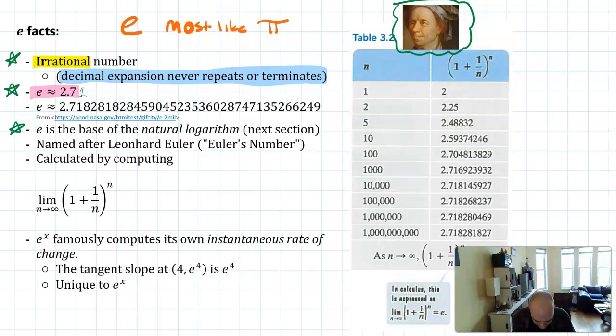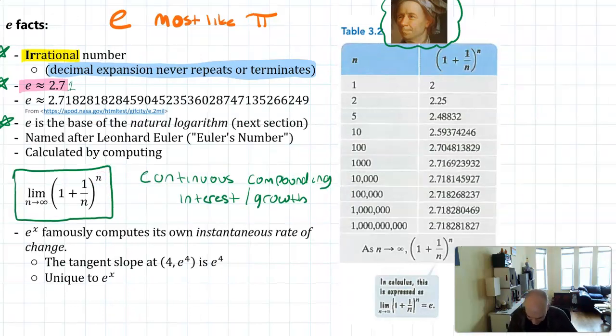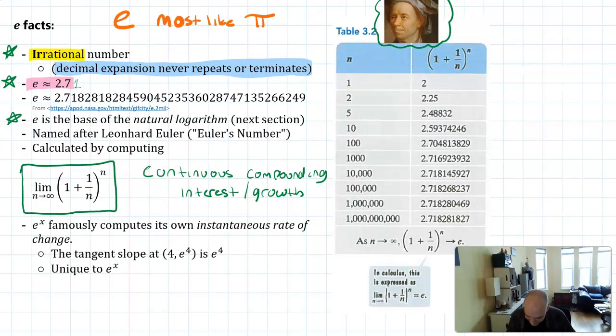It is calculated by computing the limit as n goes to infinity of 1 plus 1 over n, to the n, which you could think of as continuous compounding interest or growth. So it does kind of come from an exponential situation, but it's a more complicated exponential situation. You can see that if you take that quantity 1 plus 1 over n to the n, 1 plus 1 over 1 to the 1, that's just 2.